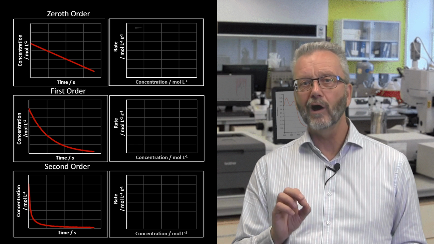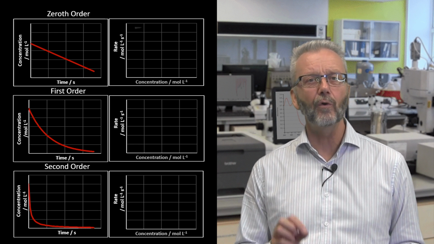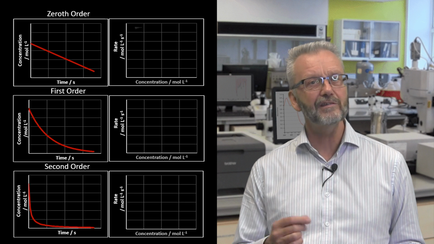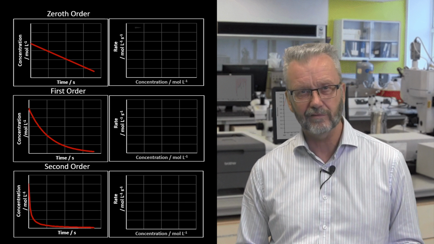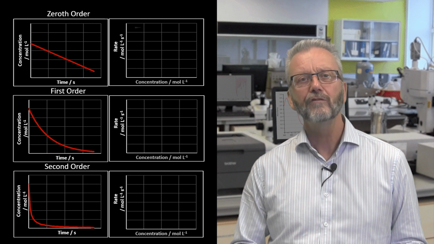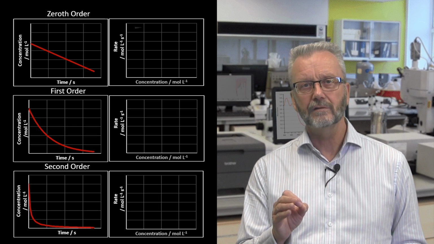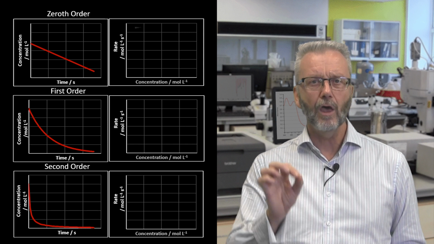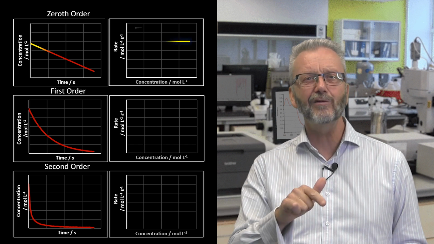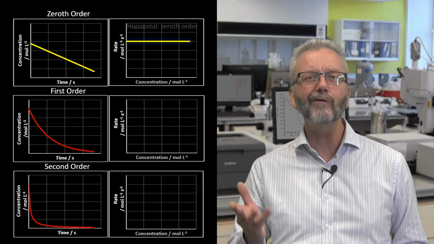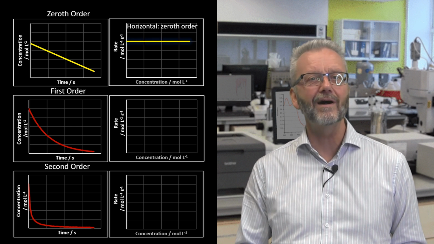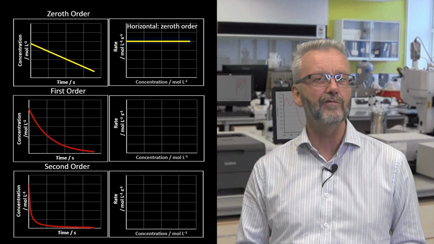So here are our three graphs for the different orders of reaction, and a set of axes for each of our rate versus concentration graphs. For the 0th order case, as the reaction proceeds, the concentration decreases, but the rate is constant, so we get a horizontal line as we move from right to left along the concentration axis.